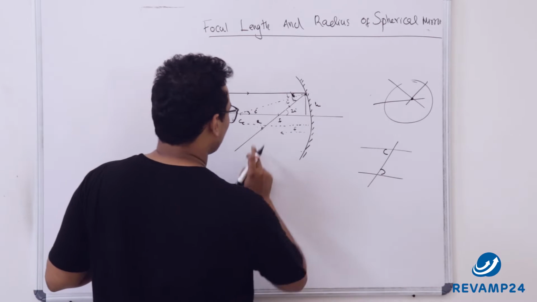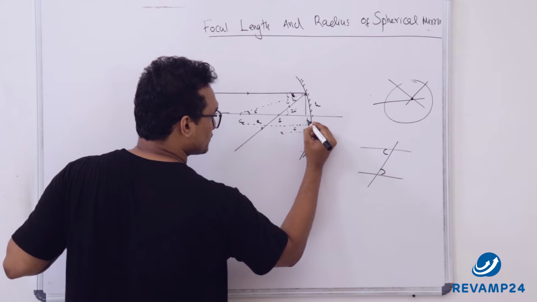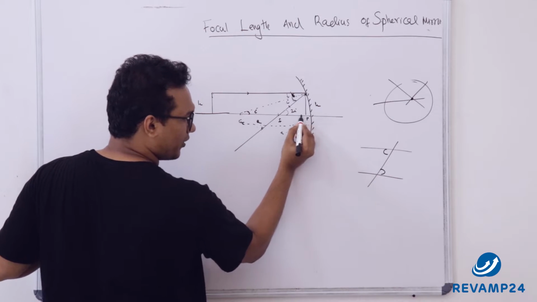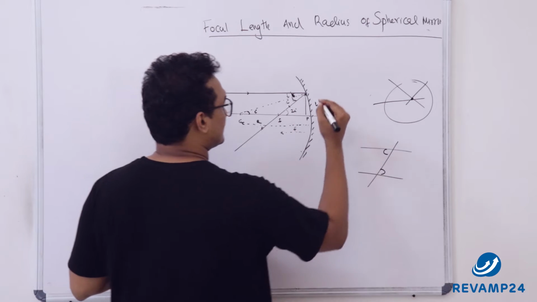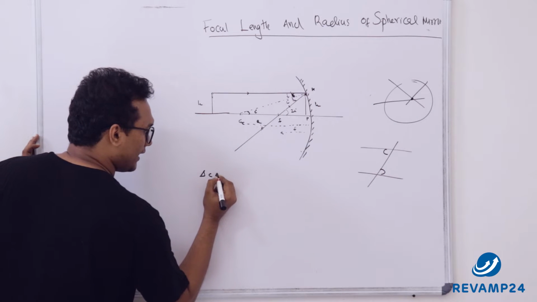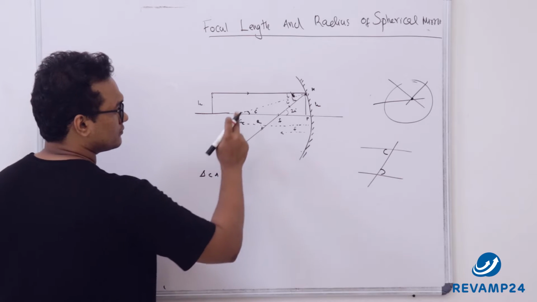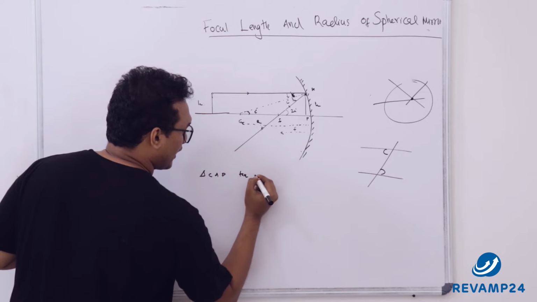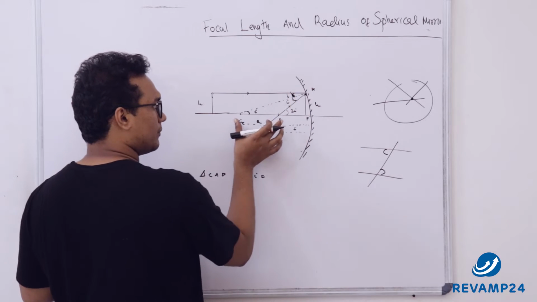Now here I am going to take from the triangle, so this is C and this is the pole. So the pole and these two points are the same, so I am going to consider the same point itself, P, and let's say this is my point A. Now in triangle CAP, tan I is equal to, what is tan I? Opposite divided by adjacent.